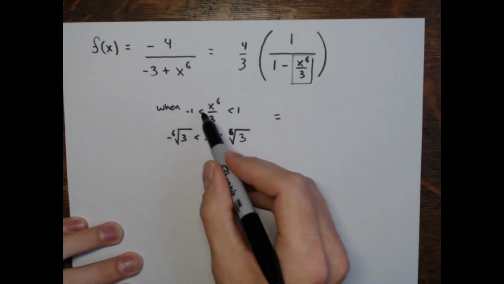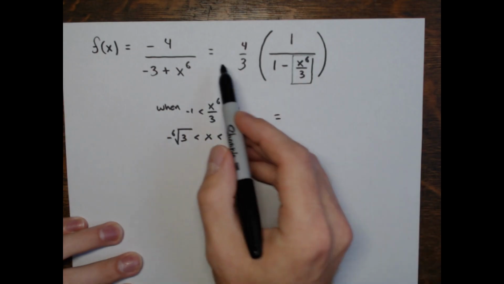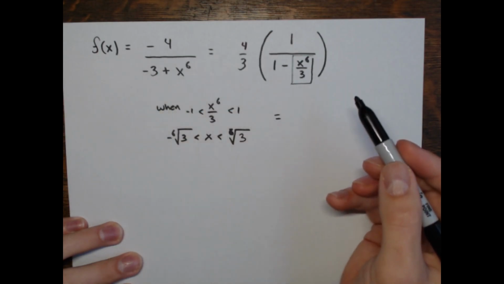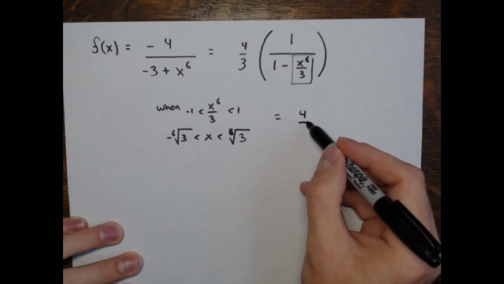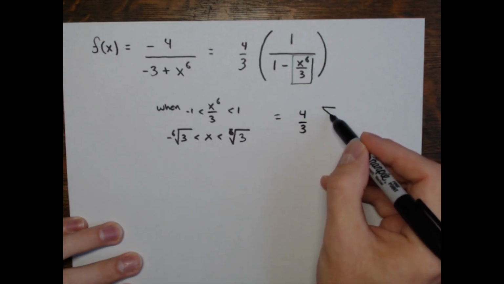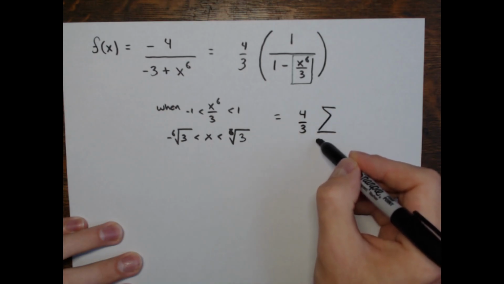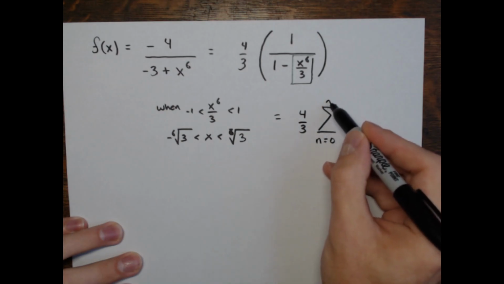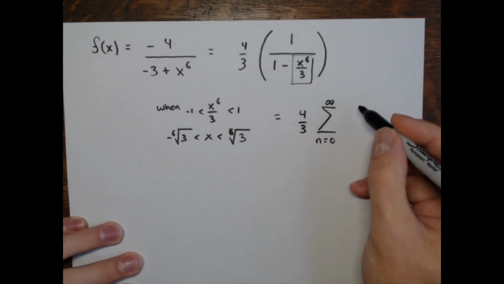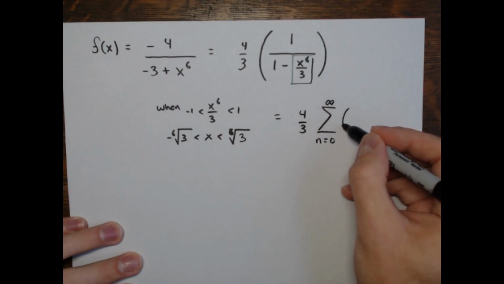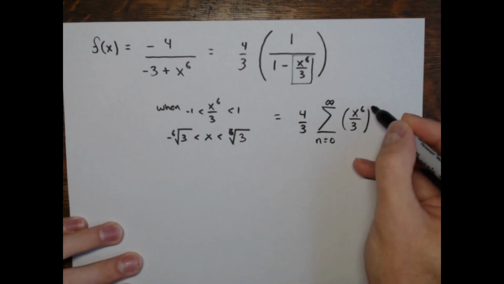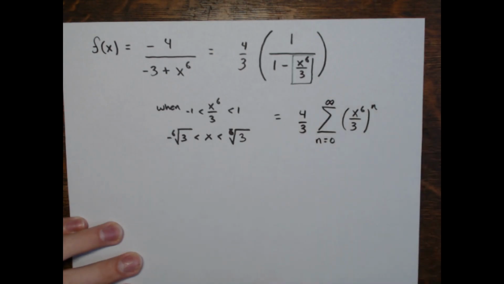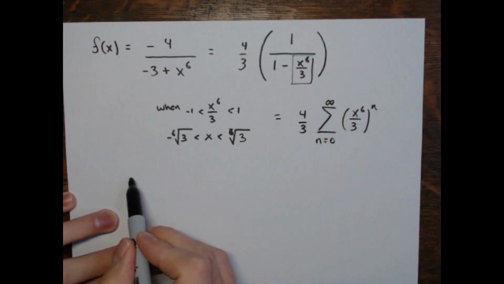When x is between these two values, this power series converges to our original function, 4/3 times the sum from n equals 0 to infinity of x to the 6th over 3, the box, to the nth power, where the common ratio goes.